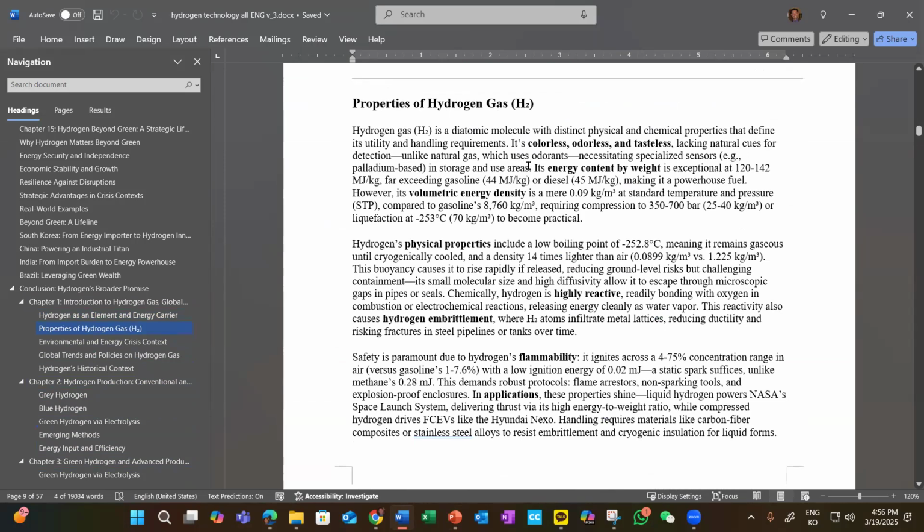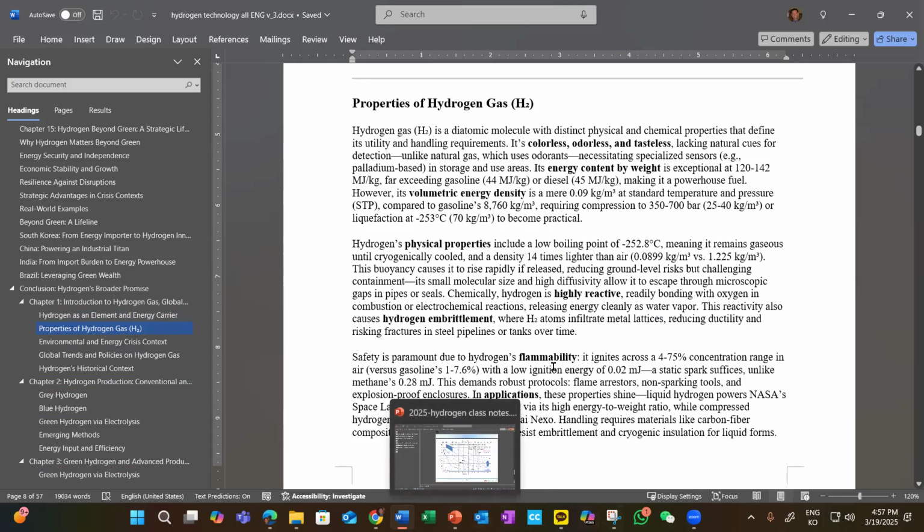Hydrogen itself is colorless, odorless and tasteless, and lacking natural cues for detection. That's why the density, temperature, pressure relation is critical.